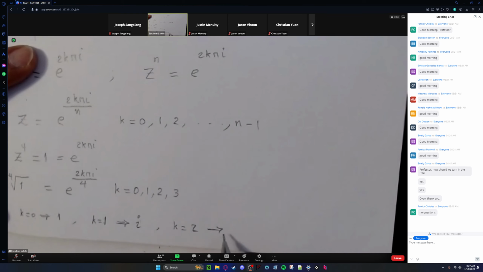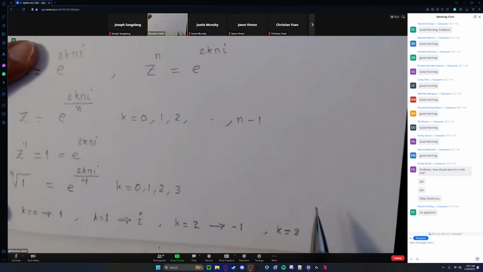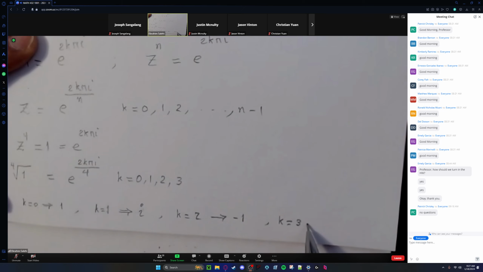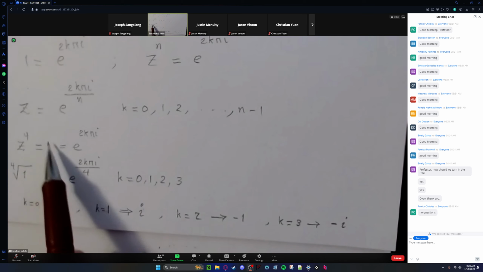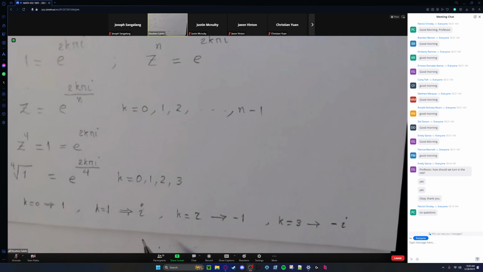And k equal 3 will give you -i. So this equation z to the 4 equal 1 has these 4 solutions, plus minus 1, plus minus i, right?